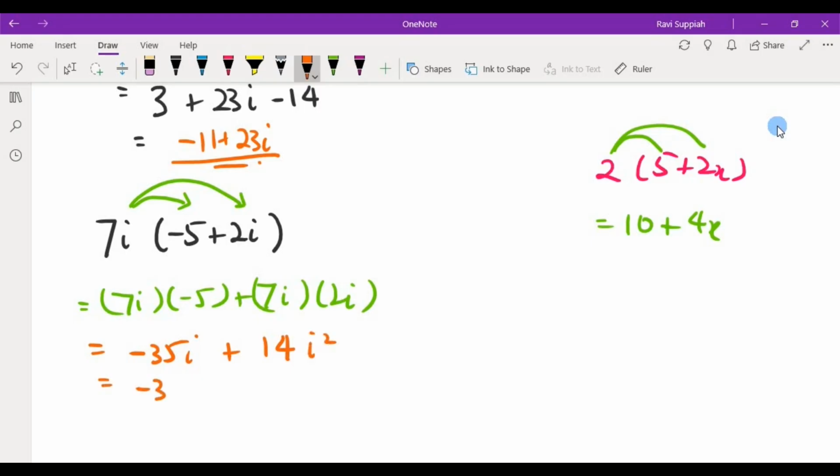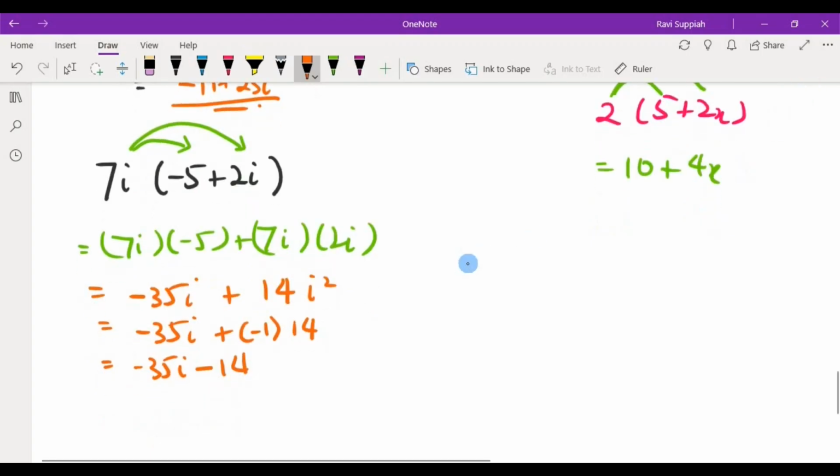Okay, and as I said, i squared is minus 1, so I'm going to put a minus 1 here. 14. So this would be negative 35i negative 14. Alright, generally when we write the answer of a complex number, we write the real part first, followed by the imaginary part. So that is the final answer here.